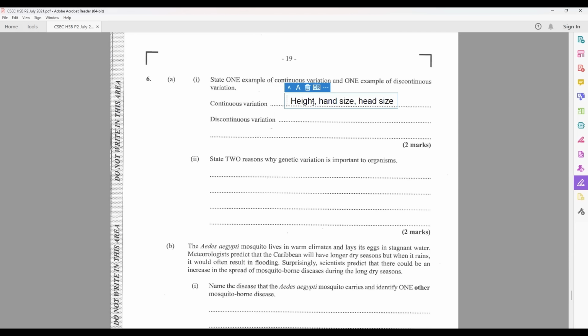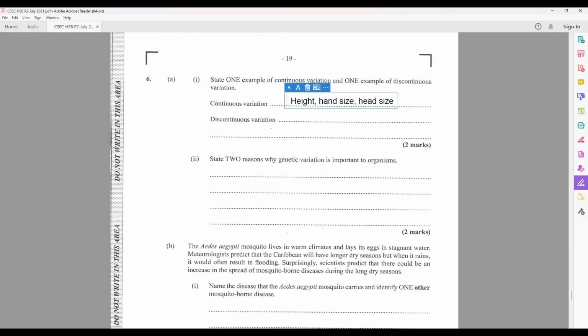Many times it is something involving size or something that could produce a slight change. There is no correct height. No matter how tall you are, it is correct. No matter how short you are, it is correct. Your hand size has no specific set size. You could be whatever hand size you want. Your head size. There are many other examples you could use to get you the marks in this question.